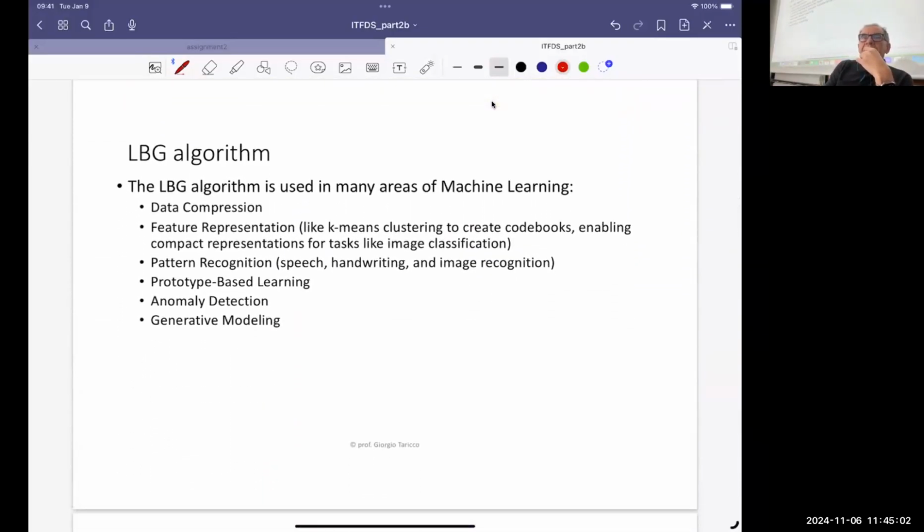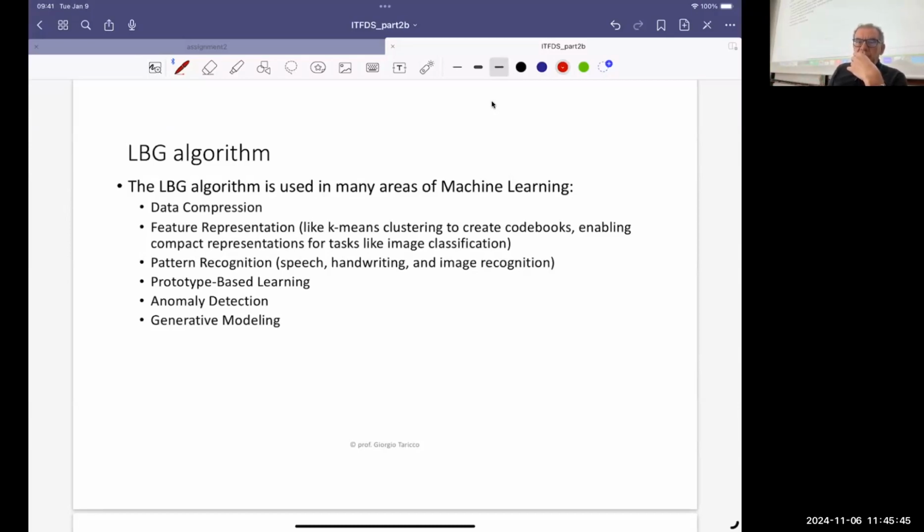The LBG algorithm has many applications in several areas of machine learning, and machine learning, artificial intelligence, these are all names in the same family that have included the concepts that were previously living autonomously in other areas, but they have been eaten by machine learning and artificial intelligence. So data compression now is considered to be a part of artificial intelligence.